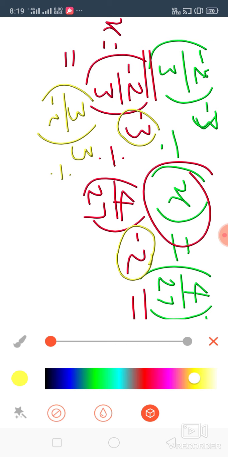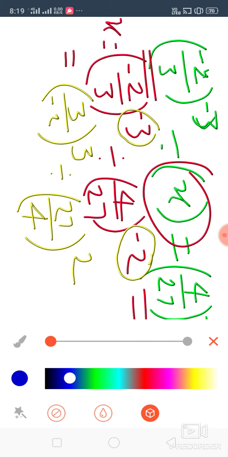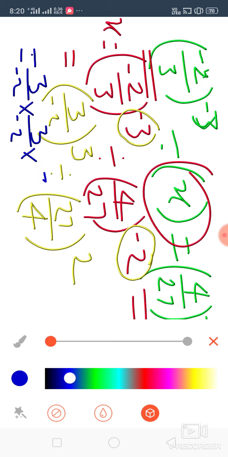Now divided by (27/4) to the power, now it will become 2. Okay, now how much will you get after this? So (3/-2) to the power 3 means (3/-2) times (3/-2) times (3/-2).